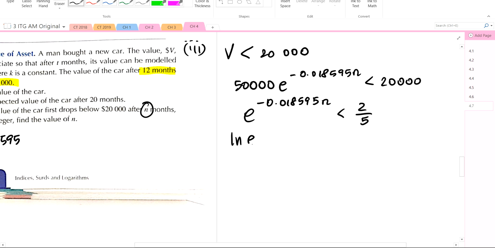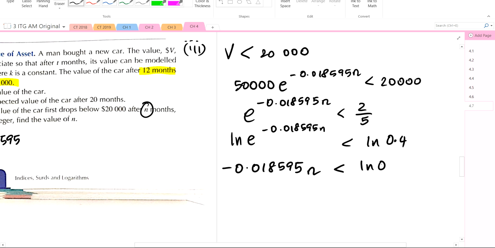Okay? You take ln on both sides. So ln e to the power of negative 0.018595 n less than ln 0.4. ln e is simply 1. Alright? Next. We have negative 0.018595 n is less than ln 0.4. Okay so far? Yes.